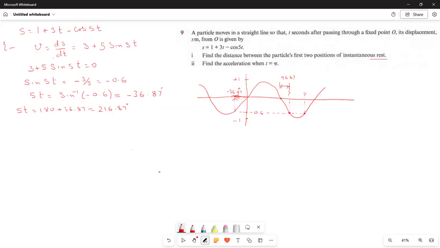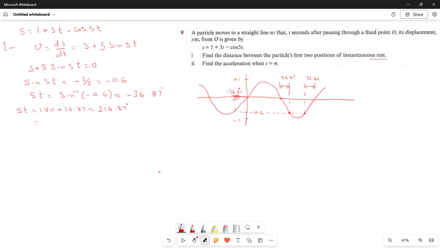In the same way, how can I calculate this point? This distance is again 36.87. So the second answer should be 360.